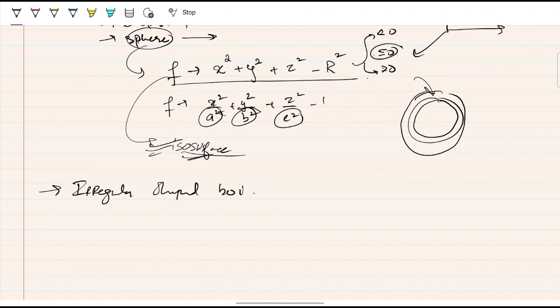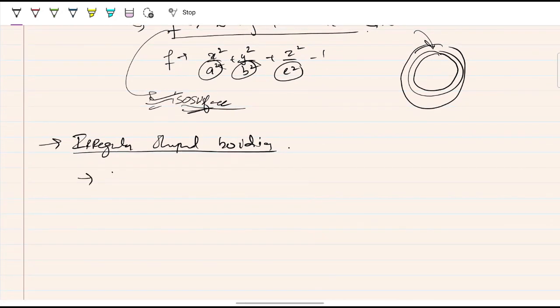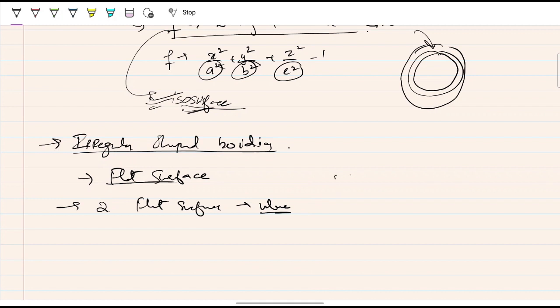In order to understand how to visualize irregular shaped bodies, we have to first understand flat surfaces. One flat surface I already talked about in the last lecture. So we're going to have two flat surfaces, and the volume is going to be enclosed within. We have to visualize this volume. This is the body.